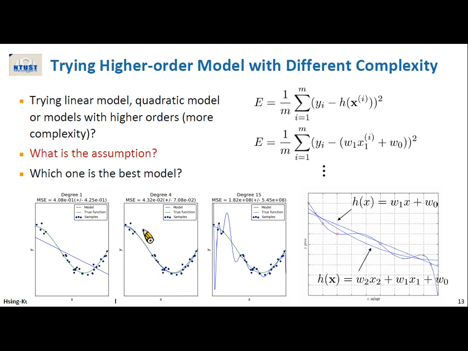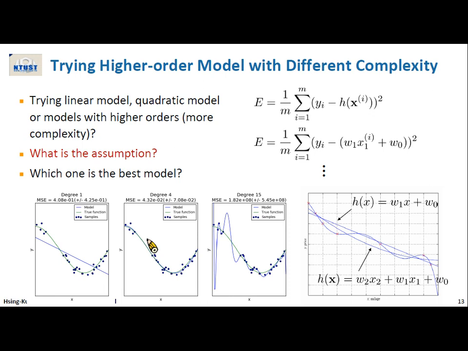Like this data point, we didn't let the model go through, but we still think that the model is good enough, which means the model could be slightly different from the data points. Meaning we don't really trust the data 100%. So that's the noise.